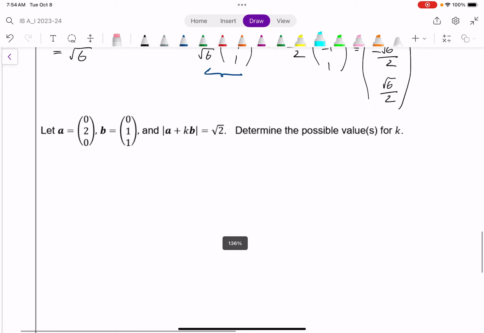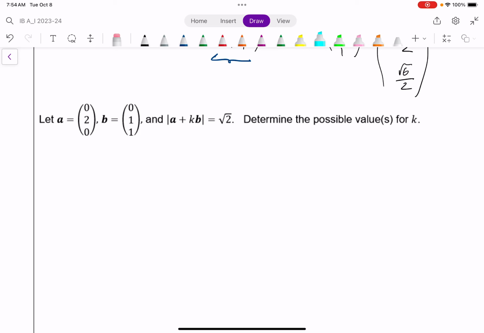All right, last one. Most abstract, but like everything else here, it doesn't need to be a lot of work. I have 2 vectors here, a and b, and we know the magnitude of a plus k times b is root 2, which means the length of this plus this times some scalar value, k. So let's just focus on that first.